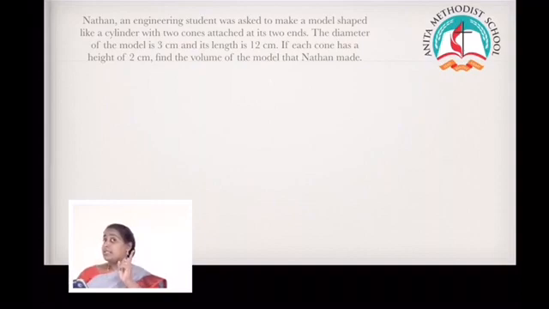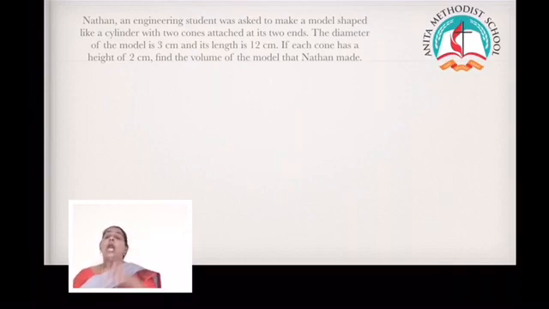Children, listen, note it very carefully. What is given? Diameter is given. So the diameter is 3 cm and its length is 12 cm. What is the total length of the model? 12 cm. If each cone has a height of 2 cm, find the volume of the model that Nathan made.